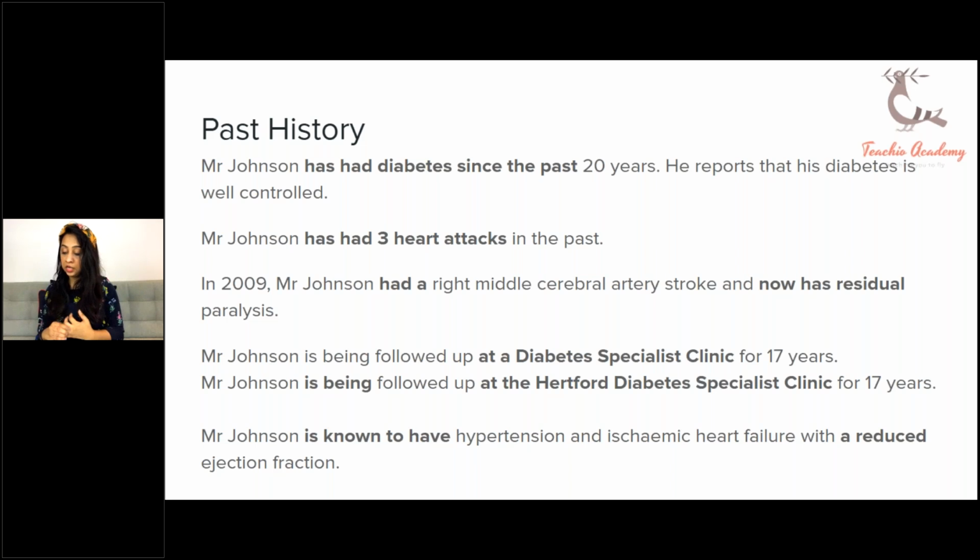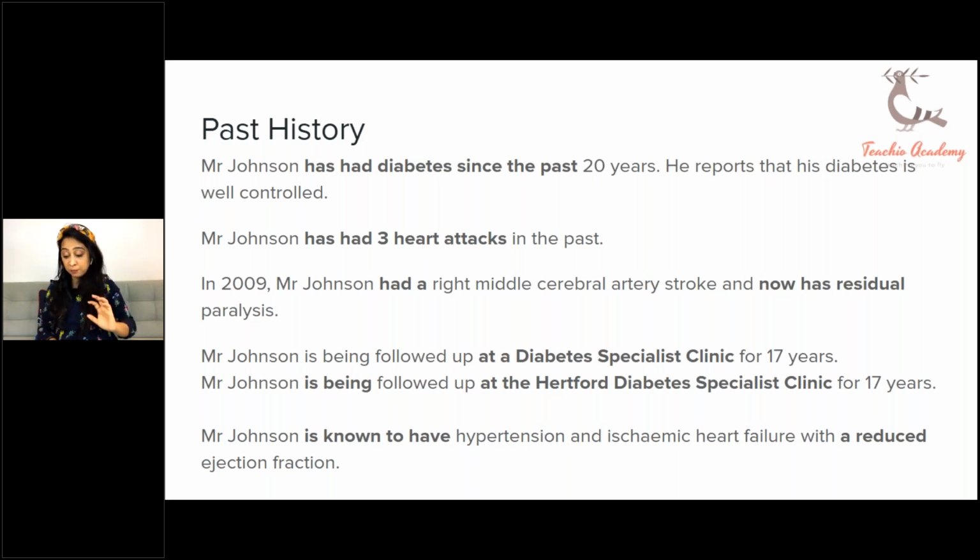So Ikram has very correctly said "the" is because it's for a specific clinic. Okay. So Manpreet, you can have a number of diabetes specialist clinics. Just because they've said that they're getting followed up at a diabetes specialist clinic, that means that they might be followed up at any diabetes specialist clinic. They're not talking about one particular diabetes clinic.